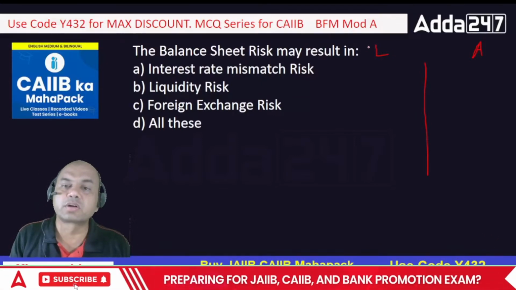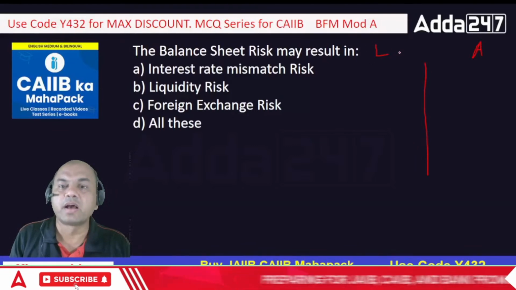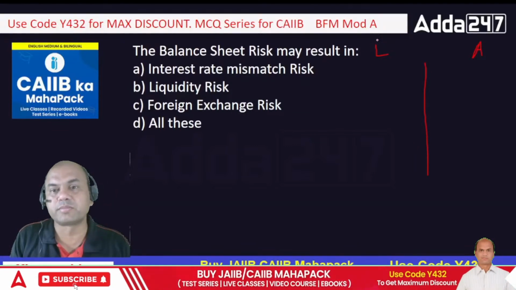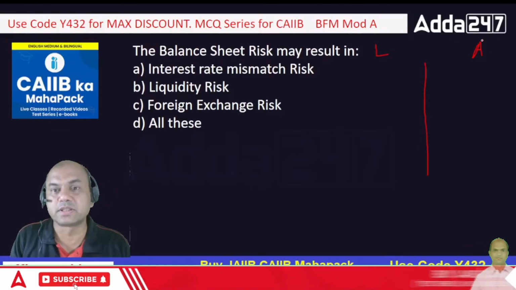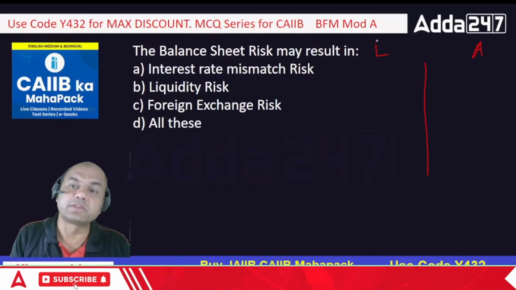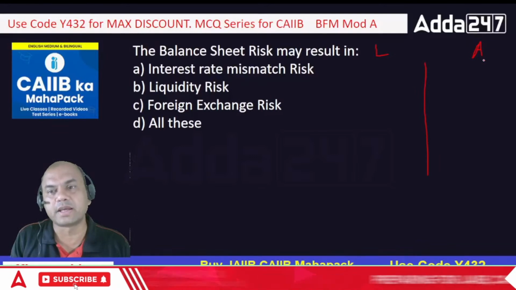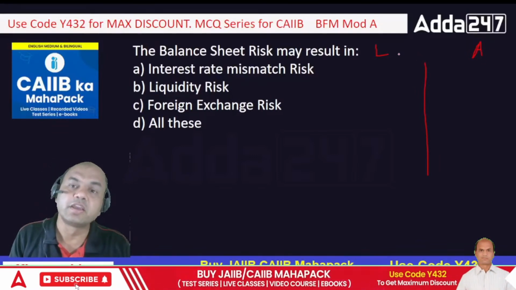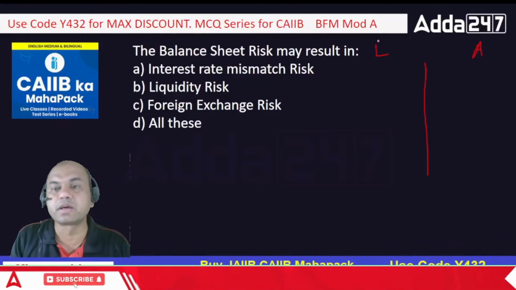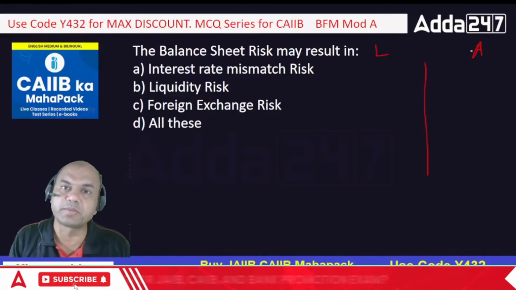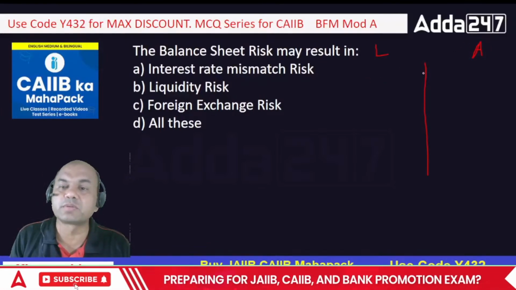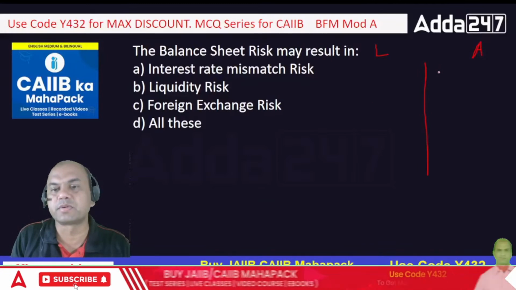If my long-term liabilities are bigger than my long-term assets, then I am at a risk. If my long-term liabilities are smaller than the long-term assets, then also I am at a risk. If my current liabilities are bigger than my current assets, then also I am at risk. So everything should match. Understand one simple logic about this balance sheet.